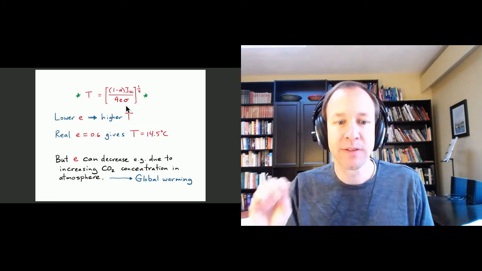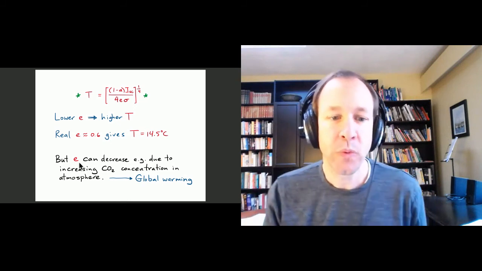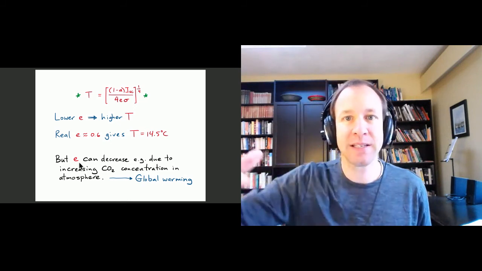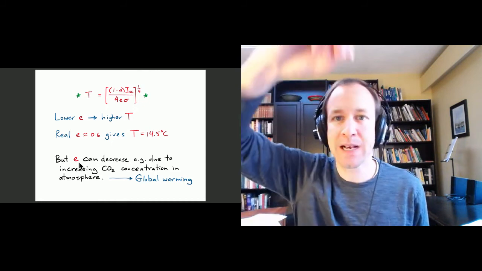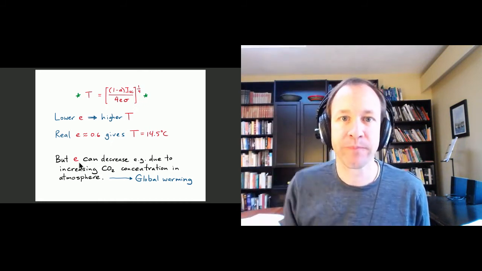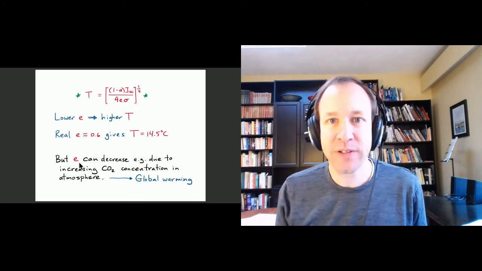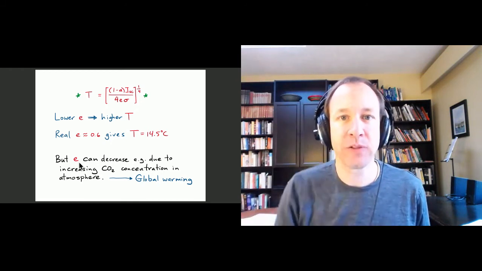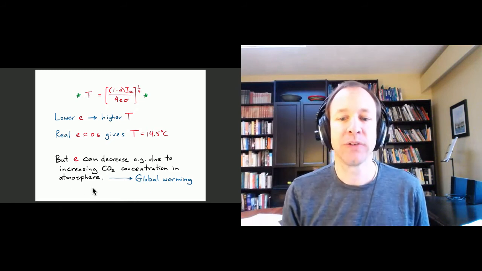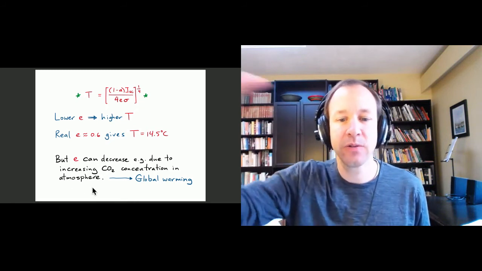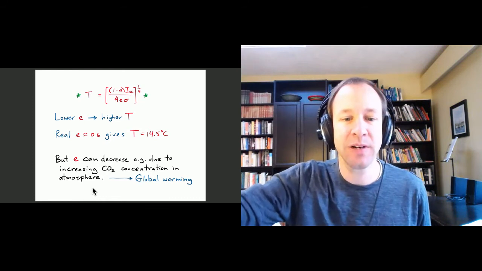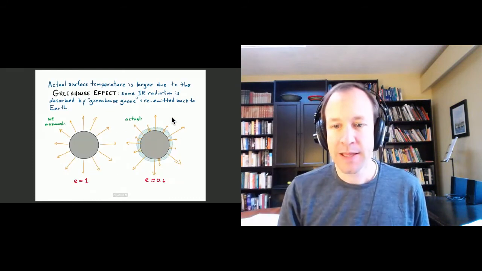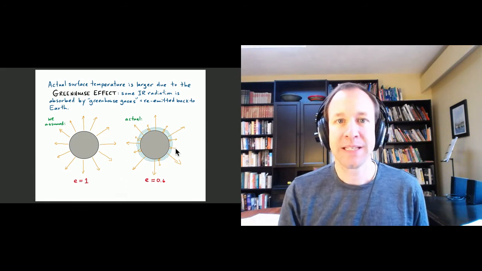Okay. So specifically, I told you that E was less than 1 because of greenhouse gases in our atmosphere. And one of the very interesting consequences of that is that if we were to increase the amount of those greenhouse gases, so say we add carbon dioxide to our atmosphere, we increase the concentration, this effect that I was just showing you is going to increase.